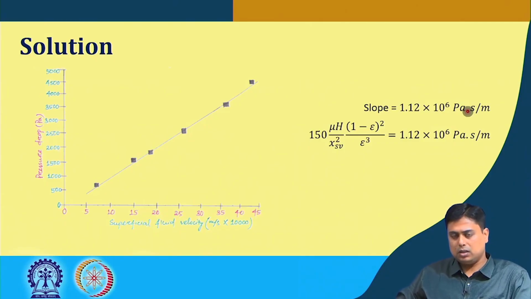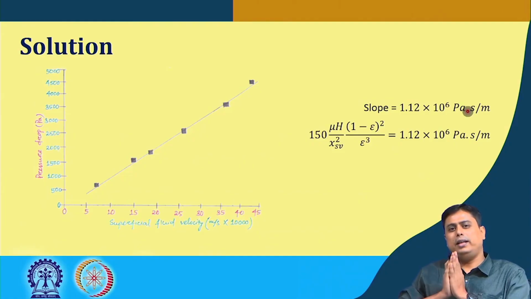I hope this concept is clear, that if we plot the del p versus u data, the superficial velocity, and if it becomes linear, then undoubtedly we can say this operation is happening in laminar region for a single phase case.